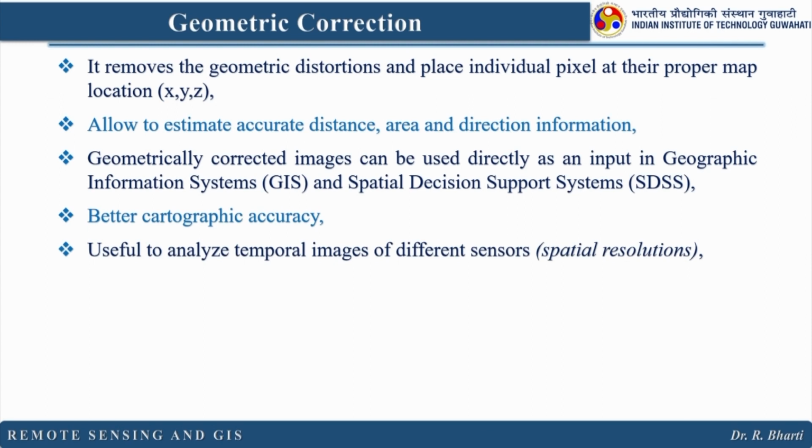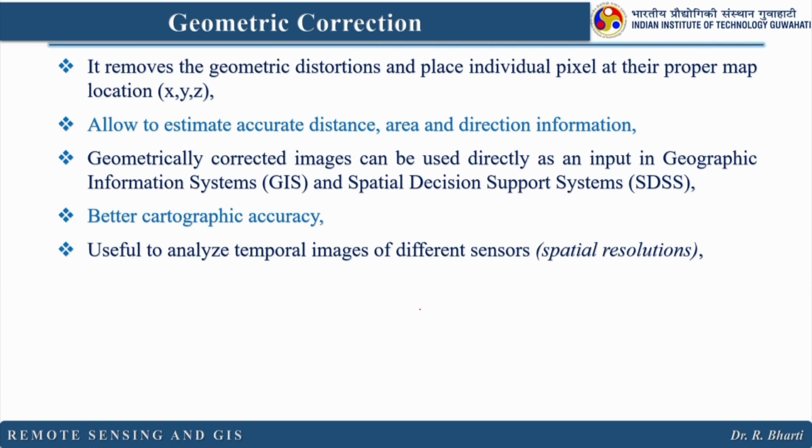Then it is useful to analyze temporal images of different sensors. If you have x, y and z sensors and they are measuring images in different wavelength regions depending upon their specification of the same area, then you can have multiple information across the wavelength, and that you can compare once they are geometrically corrected.